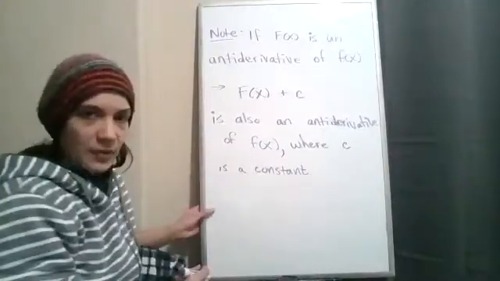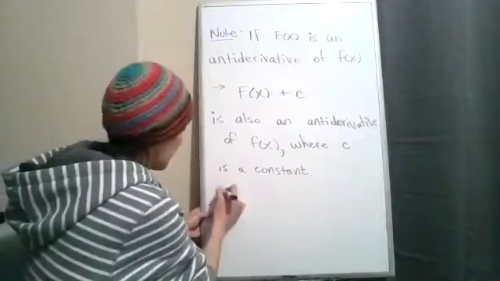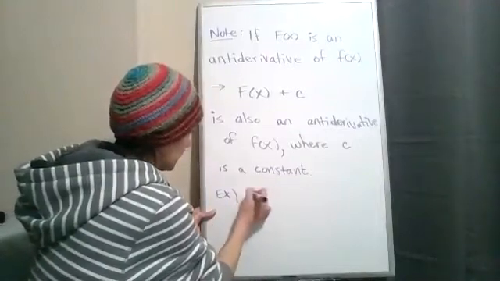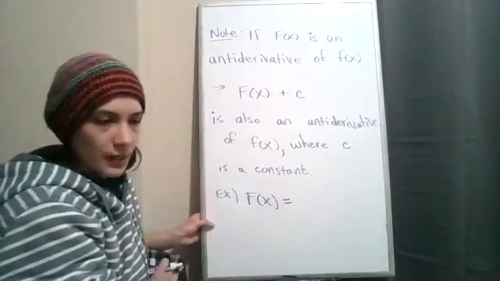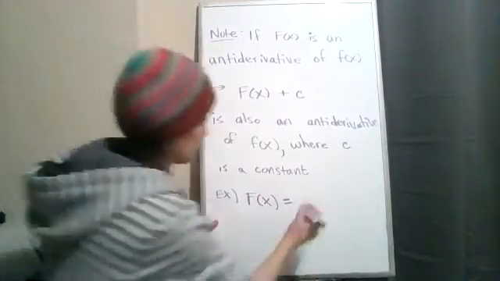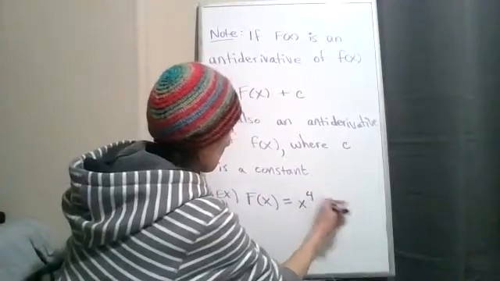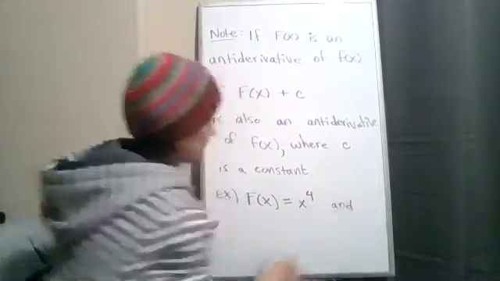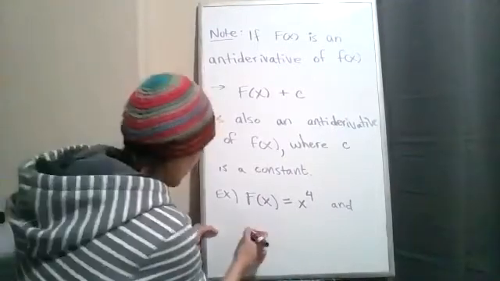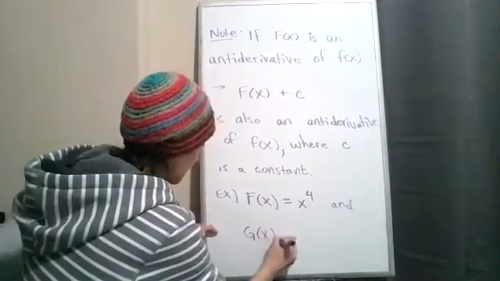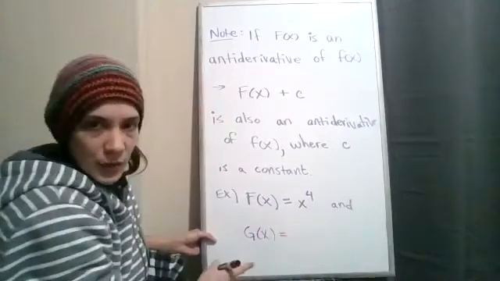So we have capital F of x equal to x to the fourth. And we're going to have capital G of x be x to the fourth plus 2.